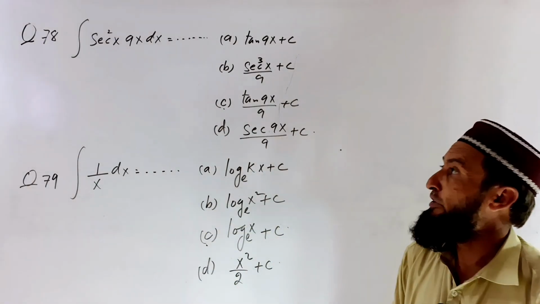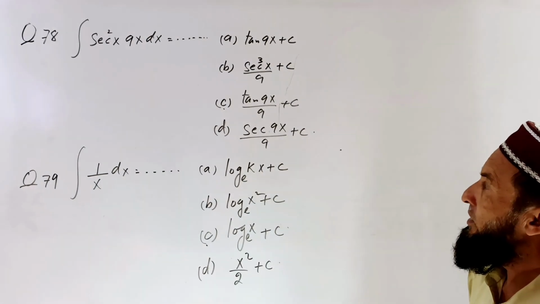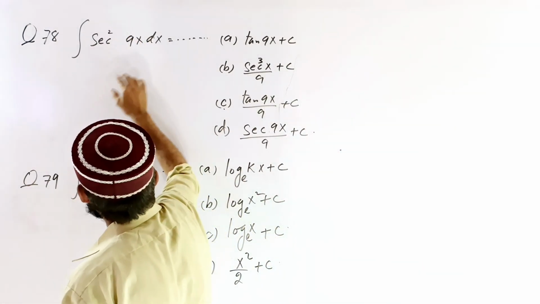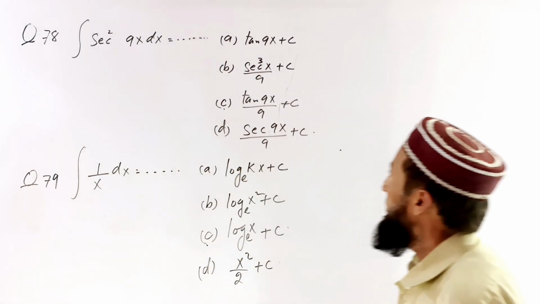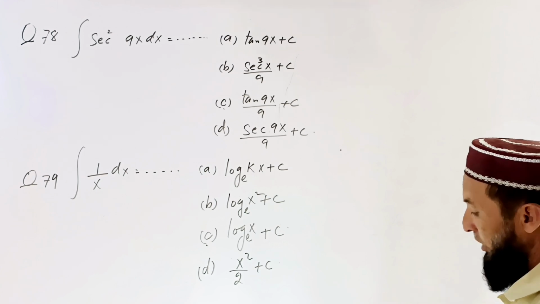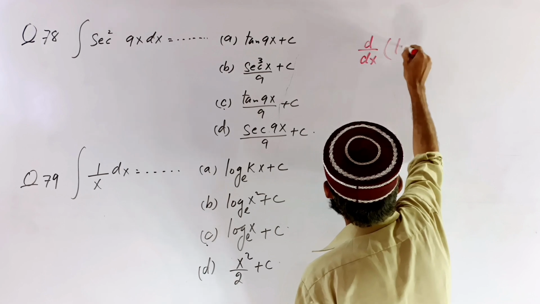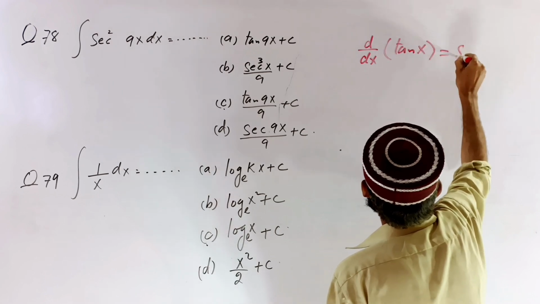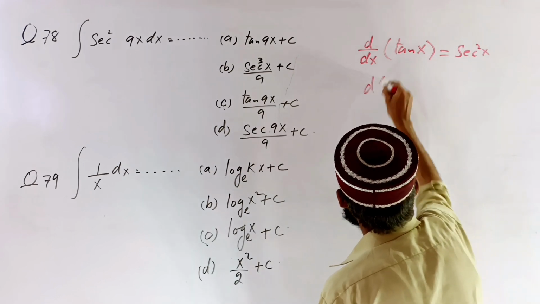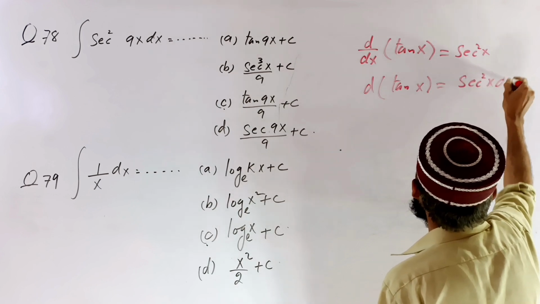Question number 78. The integration of secant square 9x dx. So what is the integration of this? As we know, the derivative of tangent x is equal to secant square x. If we bring dx here, the derivative of tangent x is equal to secant square x dx.